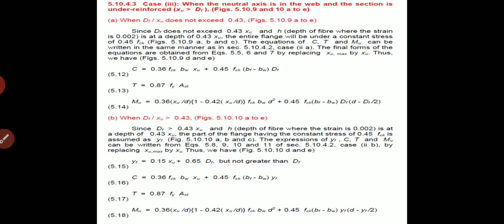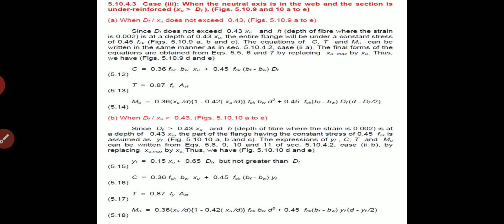The equations of compression side, tension side and ultimate moment can be written in the same manner as case second part 1. The final forms of the equations are obtained by replacing Xu max by Xu. Thus we have compression side C equal to 0.36 into fck into bw into Xu plus 0.45 fck bracket bf minus bw into Df.